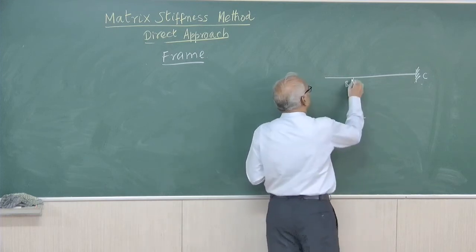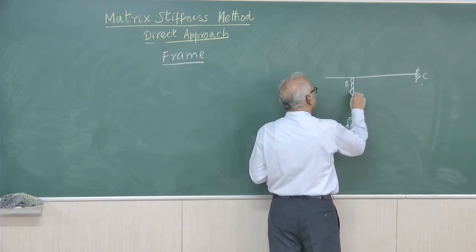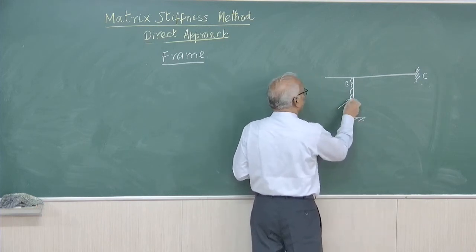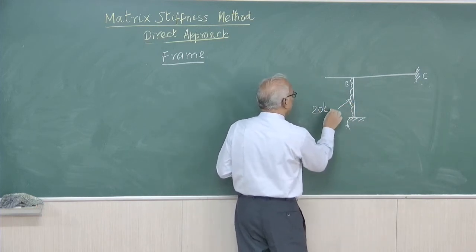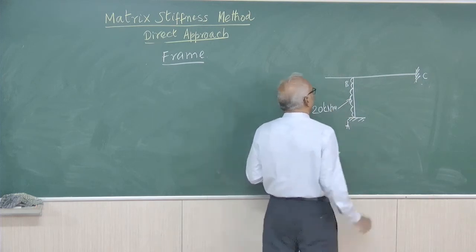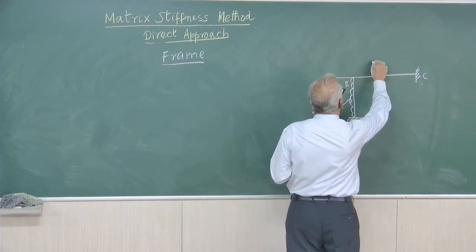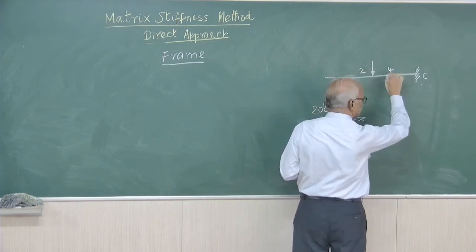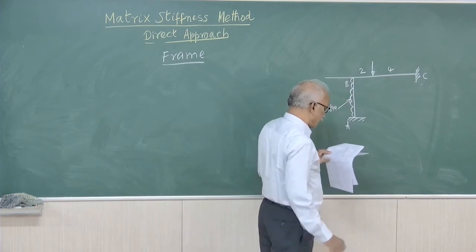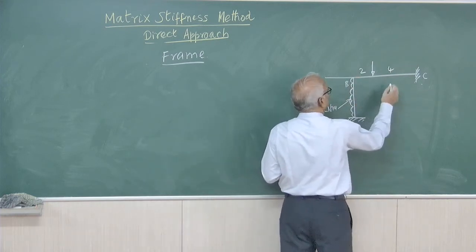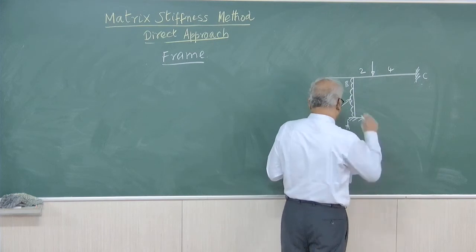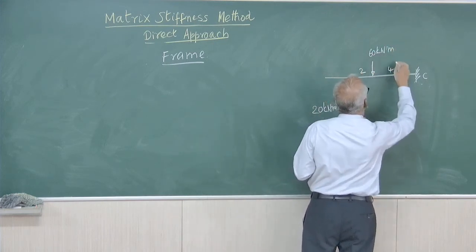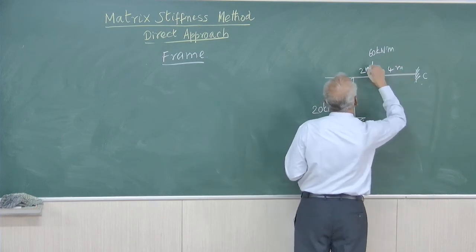Now, this column is subjected to a UDL of 20 kilonewton per meter. Now, this beam is subjected to a non-central load. So, here it is 2 meters, here it is 4 meters. So, this is B and this is C. Now, this load is 60 kilonewton meter. 4 meters, 2 meters.